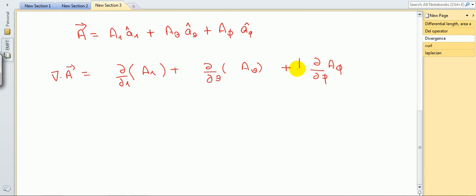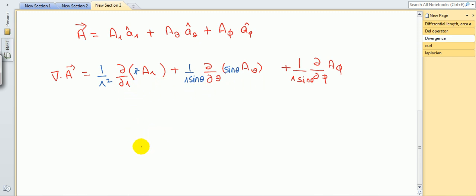Here we know that phi is not a length, so 1 by r sine theta comes. What are the additional terms? For the r term it is 1 by r square and r square, for theta it is 1 by r sine theta and sine theta.